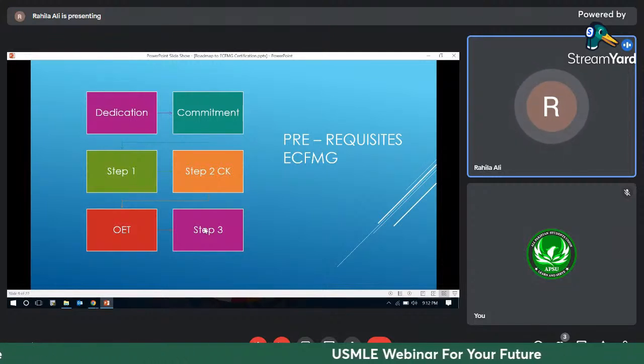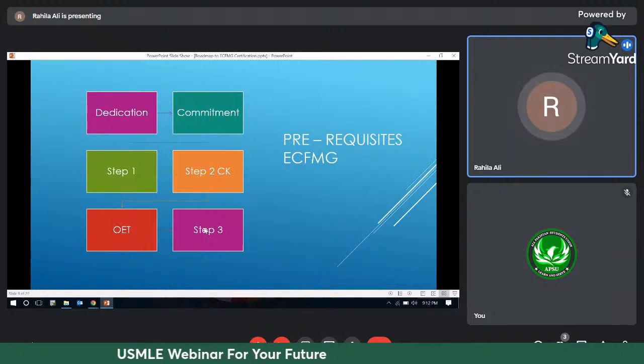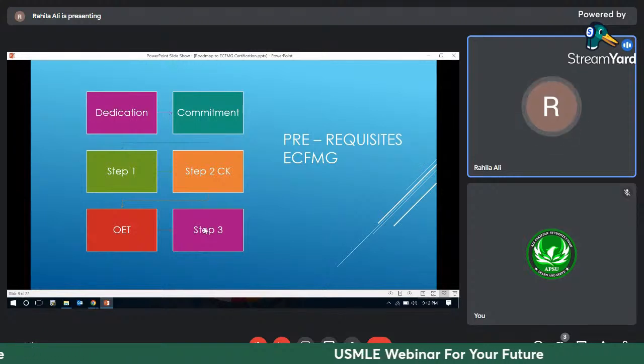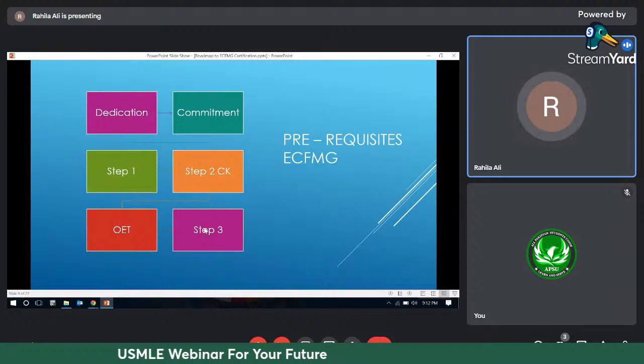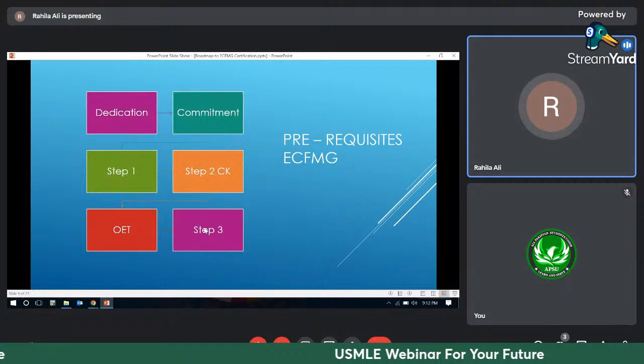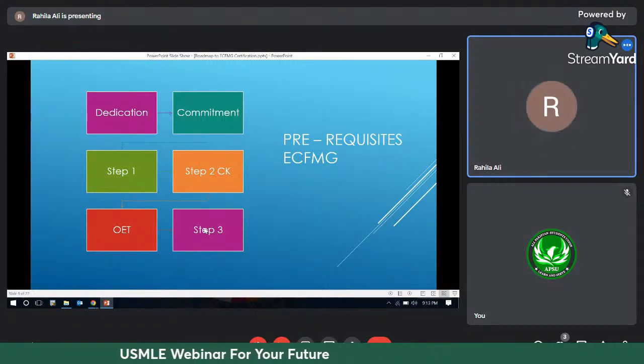You can give it anytime, but nowadays, even now I'm preparing for Step 3, people are opting for Step 3 just because it will help build your CV stronger than other applicants, because we are IMGs and it's very difficult for us to get residency in the US. So we try to get Step 3 early, after we give our OET.